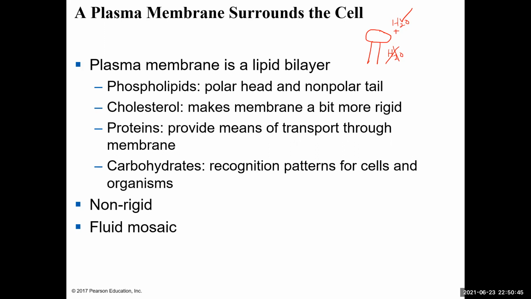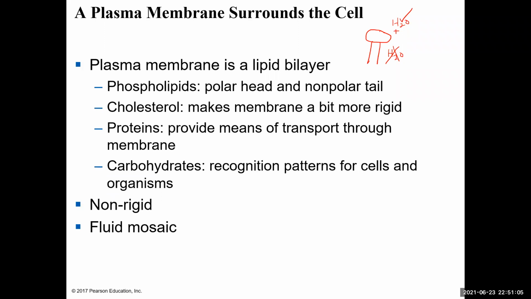Now, proteins are also embedded in between those phospholipid molecules. And these proteins provide a means of transport for molecules through the membrane, because sometimes there's a polar molecule that wants to move in or out of the cell.